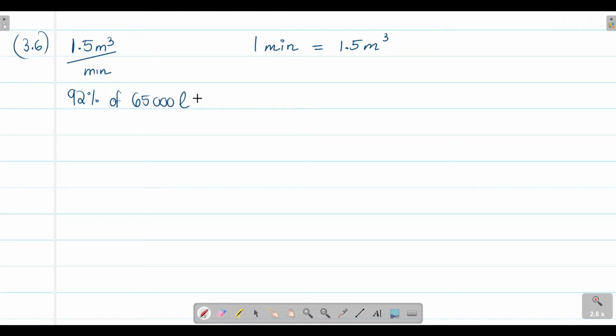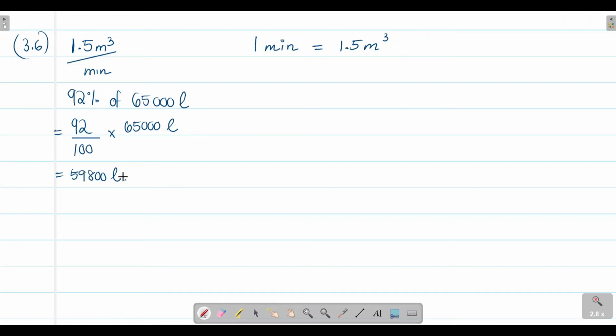We already know that when you see that of, you're just going to multiply. 92% is the same as 92 divided by 100 multiplied by 65,000 liters. If you punch that into your calculator, you'll get that 92% of 65,000 is equal to 59,800 liters.